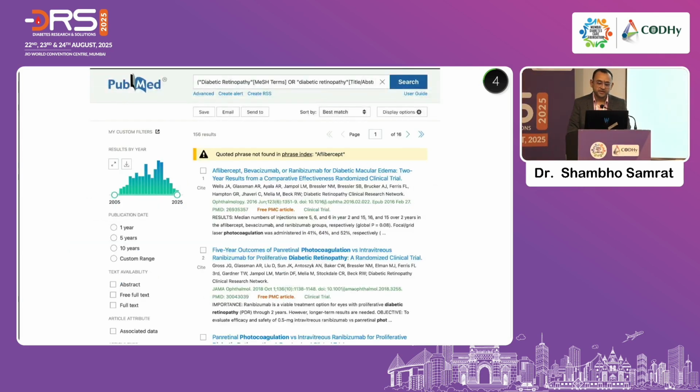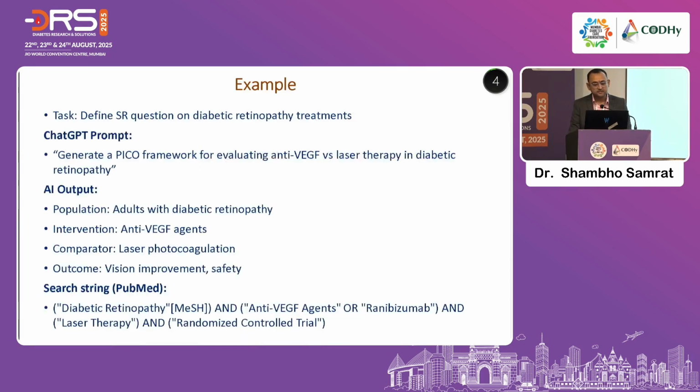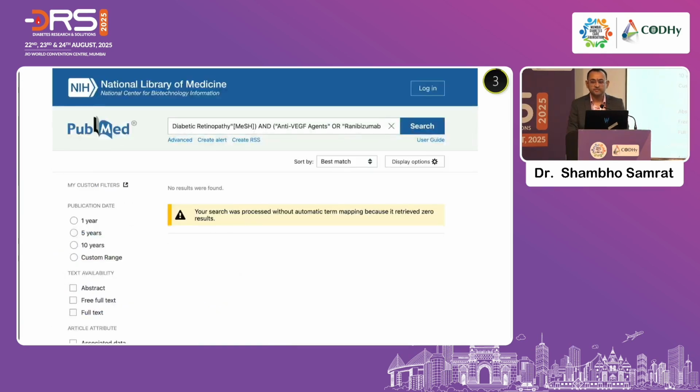How many studies do you get here? In the search results, you can see 150 results, 56 results. But if we use the previous Boolean string, then how many studies? Zero. So this is why we need artificial intelligence with human intelligence.